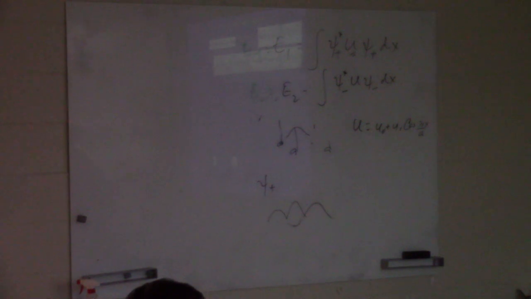So we know that Eg is basically minus U1. We showed that, because U1 is a negative number, right? Remember when I wrote this function U0 plus U1 cosine pi x over a. When you write this, your U0 and U1 are both negative numbers. So that means your energy gap is a positive value. Is that clear?